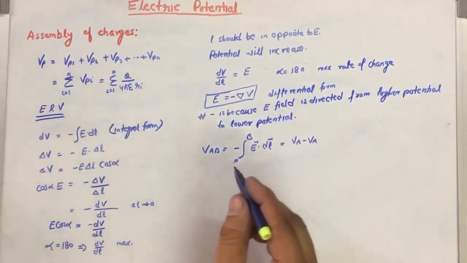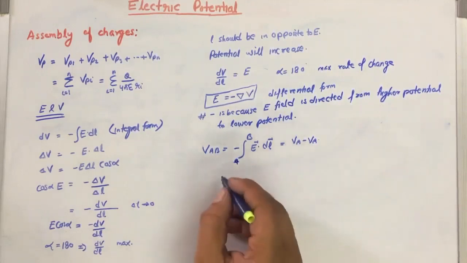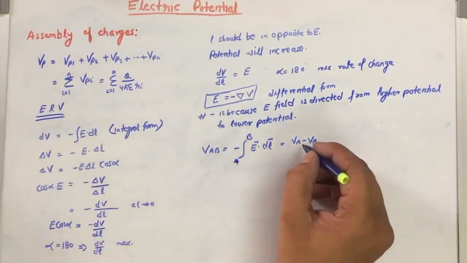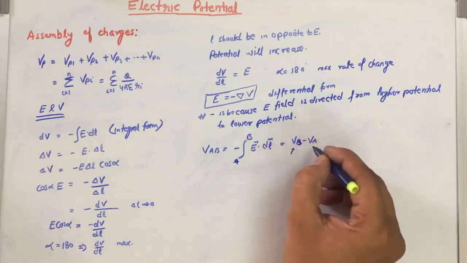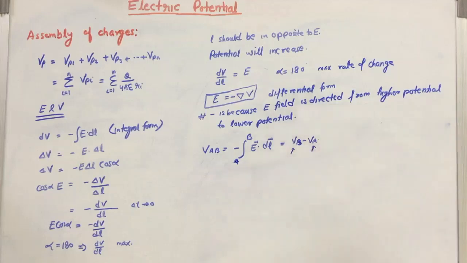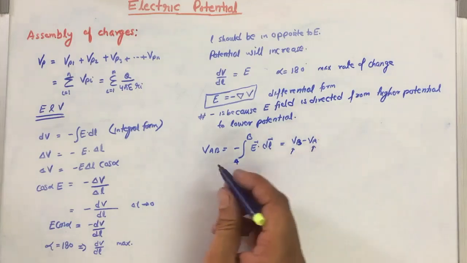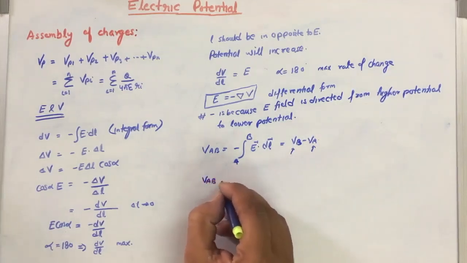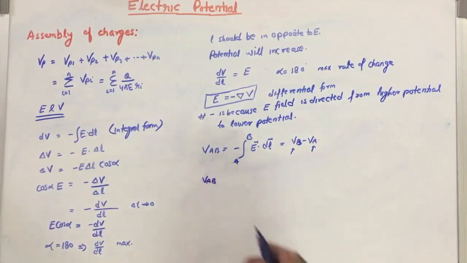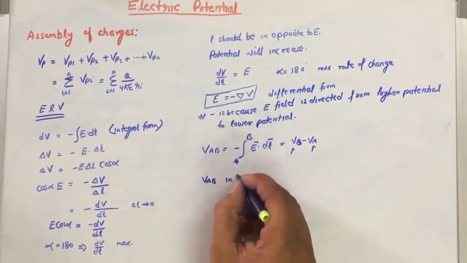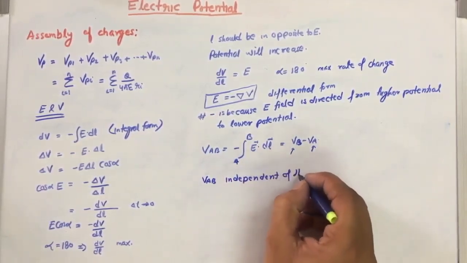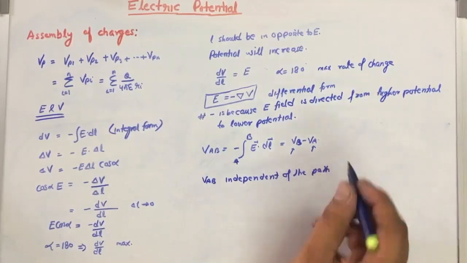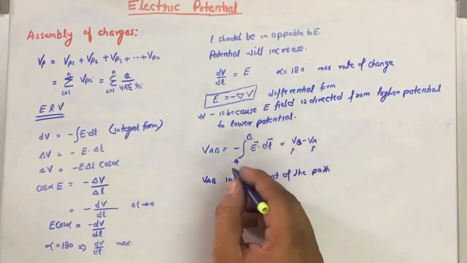And if we write VAB like this, then we can say that it depends on the final point B and initial point A. So regarding this, we can say VAB is independent of the path from A to B.